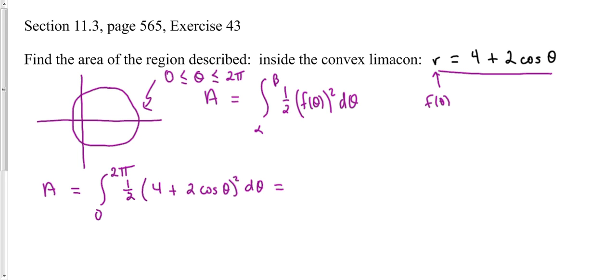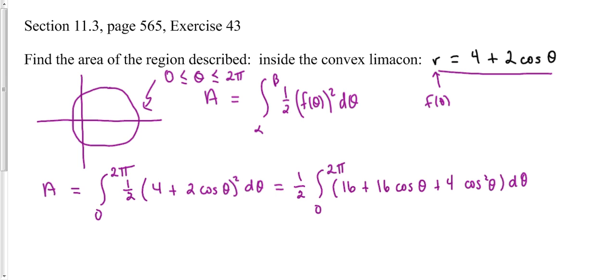You could just plug this into your calculator, but I suspect that if I multiply out those parentheses that are squared, I'm going to be able to integrate this term by term. So I'm going to move out that 1/2. And I'm going to have the integral from 0 to 2 pi, and then I'm going to square what's in the parentheses. So that's going to give me 16 plus 16 cosine theta plus 4 cosine squared theta, and that's all times d theta.